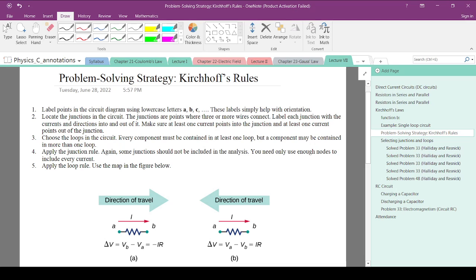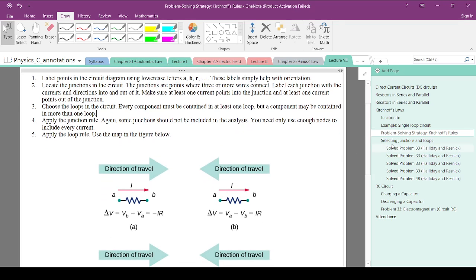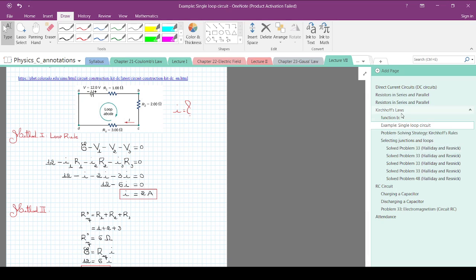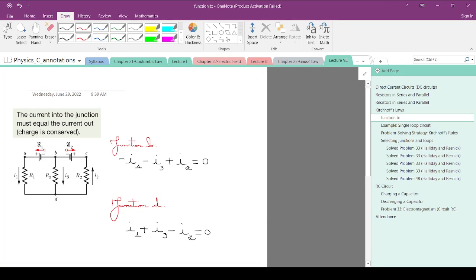And this is very important, guys: you have to be deadly sure that at least one new component is contained in each loop. Sometimes you have one component that is in more than one loop. If you consider this one loop and this one loop, this component R3 here is going to be part of this loop and also part of this loop.